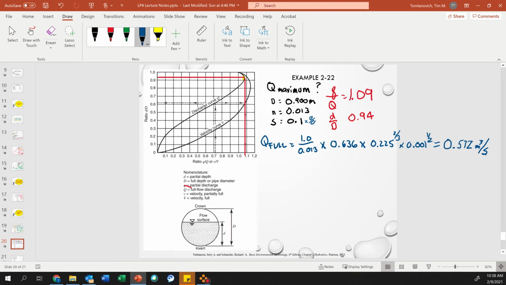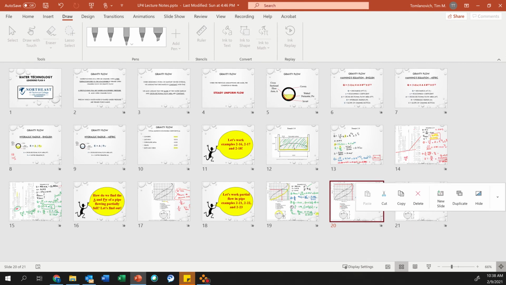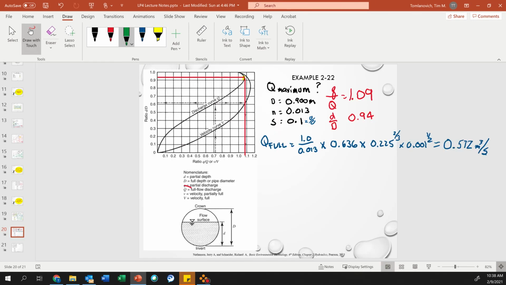So Q max, oops, sorry. Where's my view? There we go. So it's a partial flow. Q max equals Q full times 1.09.